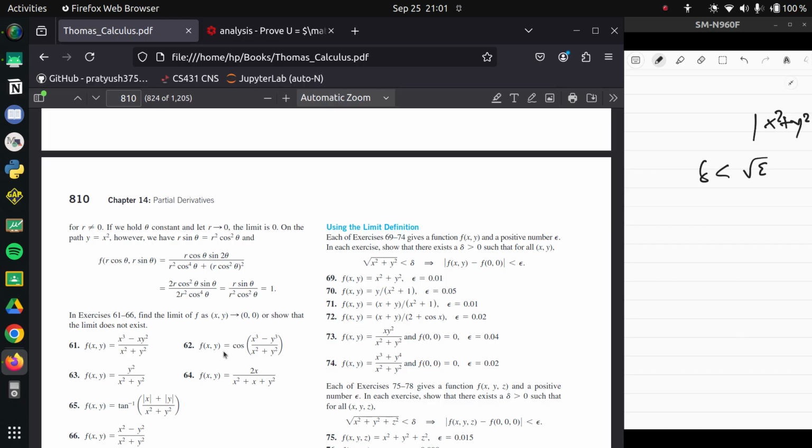What about this? y upon x square plus 1. At 0, 0, this just becomes 0. So this should go to 0, right? So it's 0 over there, so this should be less than epsilon.